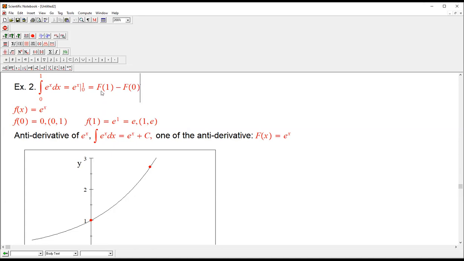In our case, we have e to the power of 1 minus e to the power of 0. I chose an example where the antiderivative and the function itself are the same, but for a constant, so this is a special case. So e minus 1, that's the answer.